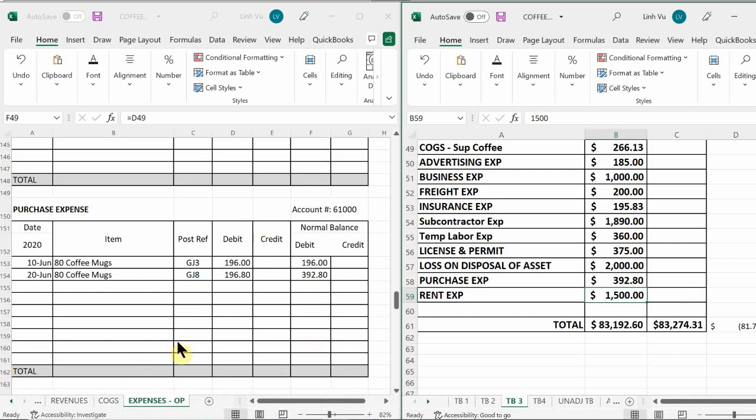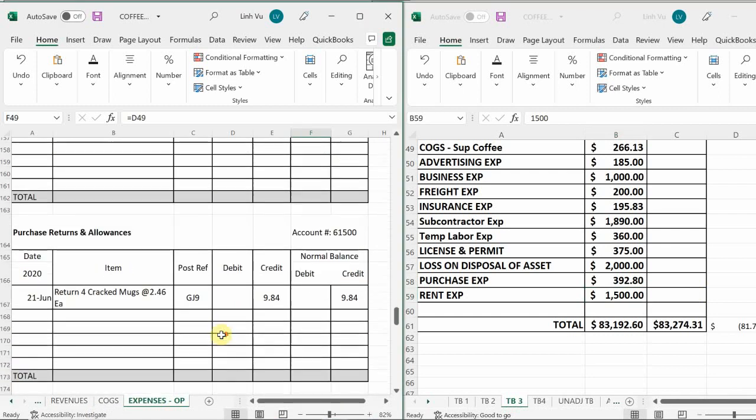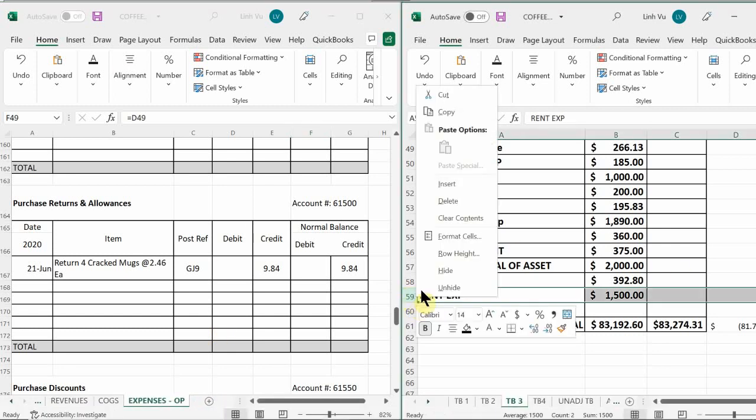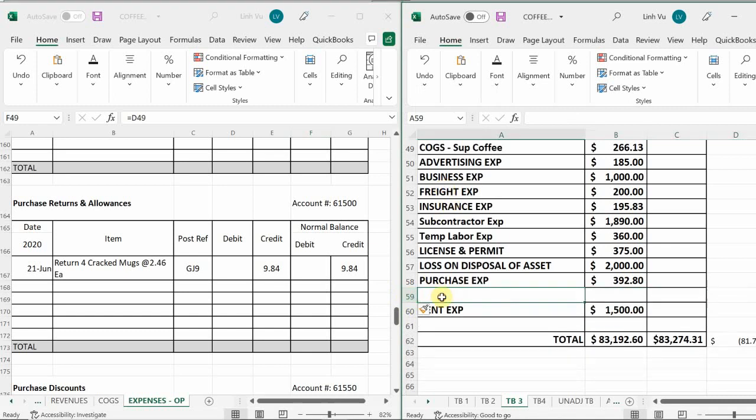So now the last one, rent expense. Nope, we still got a couple more. Oh, okay. Purchase returns, $9.84 credit.